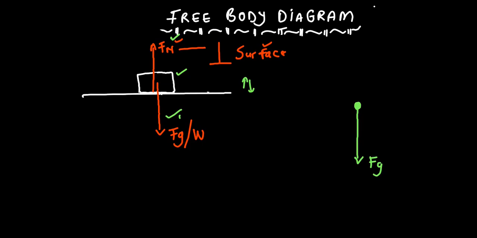Meaning that the force of gravity acting downward is equal to the normal force acting upwards, but in different directions. So when you draw your normal force on your free body diagram, make sure it is equal to the force of gravity. Make sure that the length of this line that you draw is equal to the length of the force of gravity, and it is straight. And then you label your normal force.